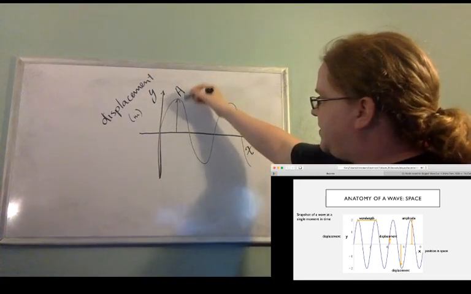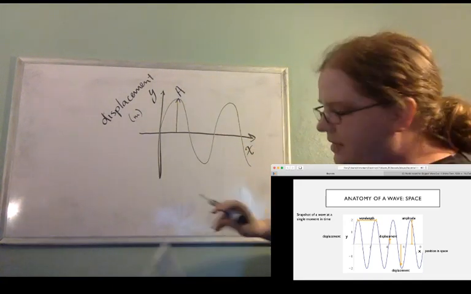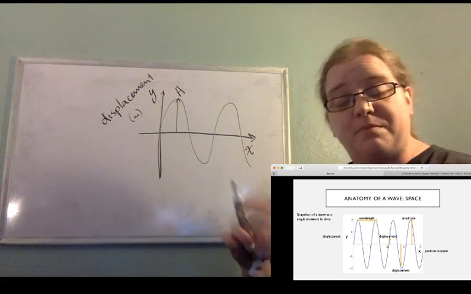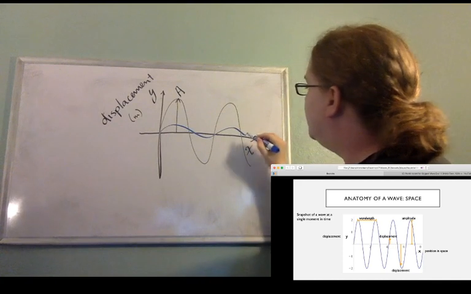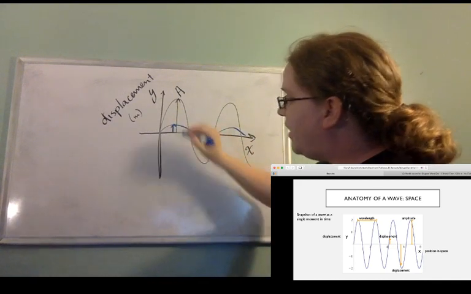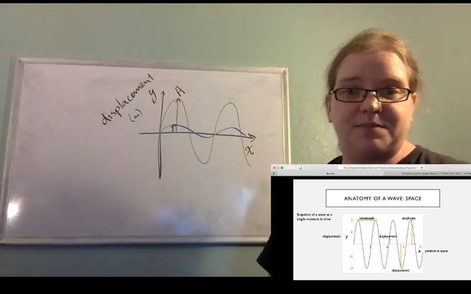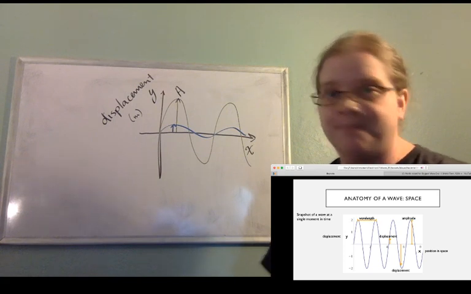So that's your amplitude. And then, so this wave would have a fairly big amplitude. If I drew something like this one would have a fairly small amplitude. So that's the difference between different amplitudes.